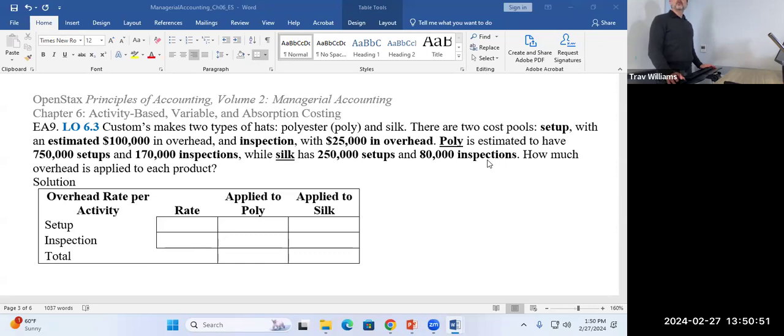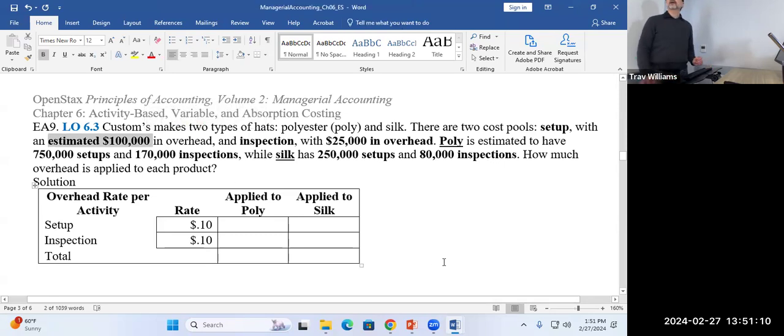And so I heard 0.1 is the overhead rate. Is that for setup or inspection? Both. Okay, and that is the right answer. So let's review that. With setups, overhead was $100,000, right? That's the estimated overhead.